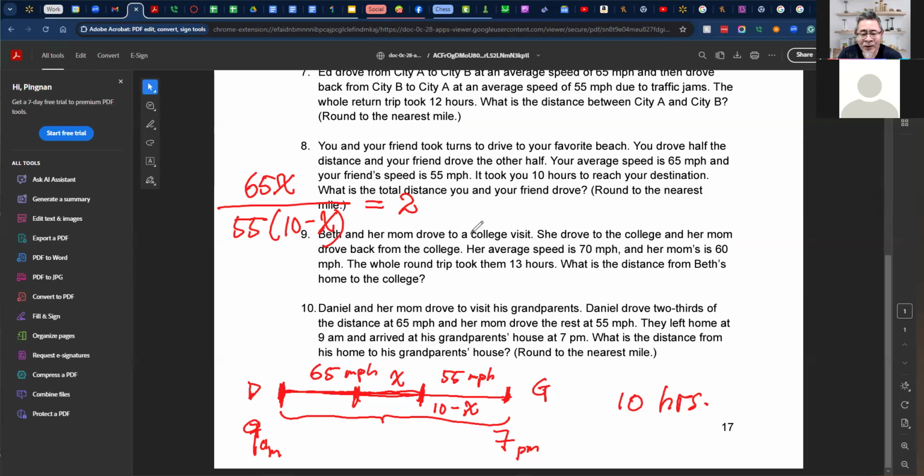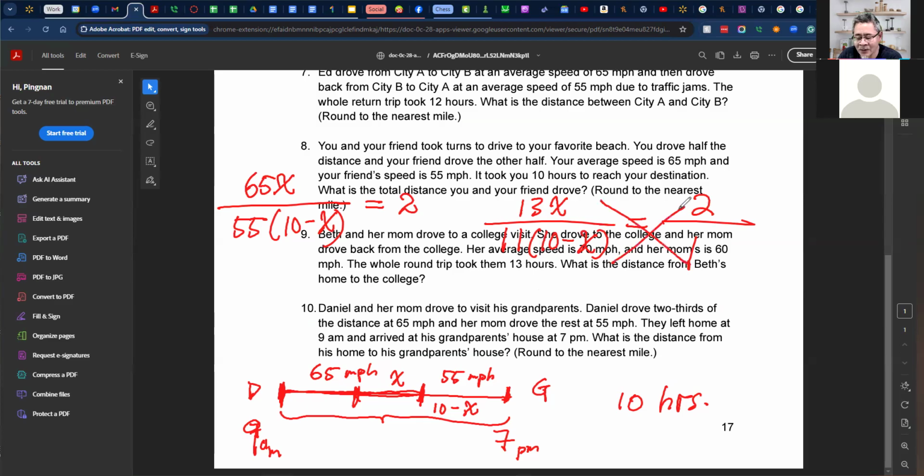Okay, very good. And of course, we can simplify it. We can divide by 5 on top and bottom. So we got 13x over 11 times (10 minus x) equal to 2. Now to solve for this, we're going to multiply by 11 times (10 minus x), or you can think of this as a proportion problem, this is a 2, this is a 1, so cross multiply.